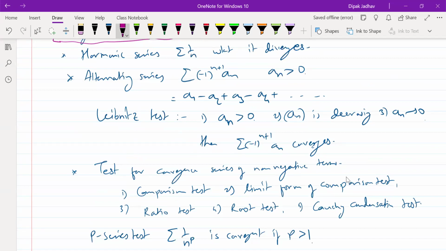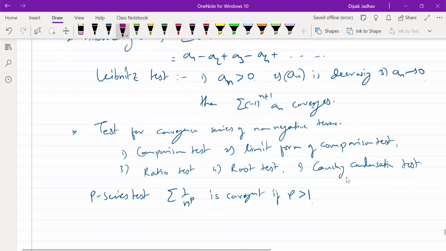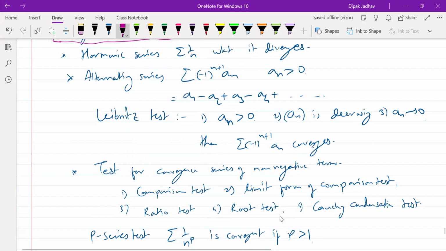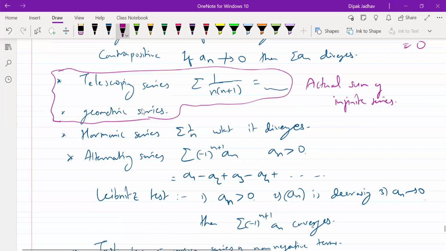If you want to find its sum, then you need to use some higher mathematics. They do not tell you anything about what that infinite sum is. If the series converges, they will not tell you where it converges. Only in the case of telescoping series or geometric series.